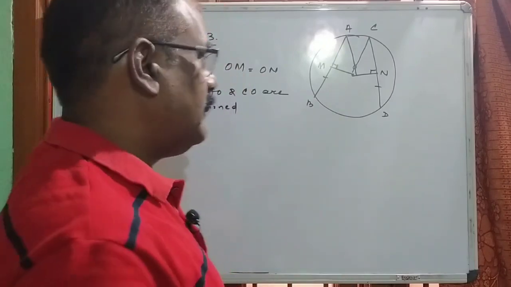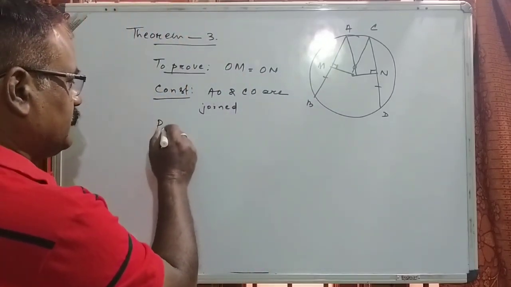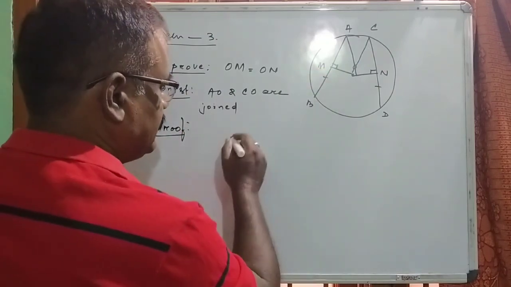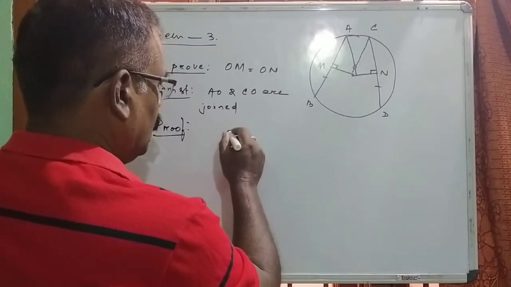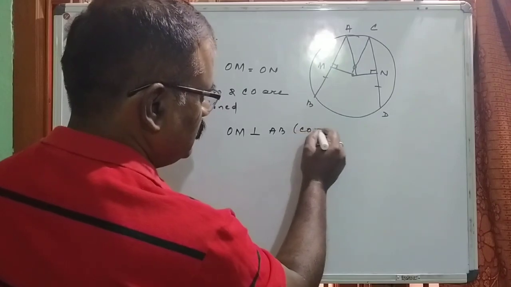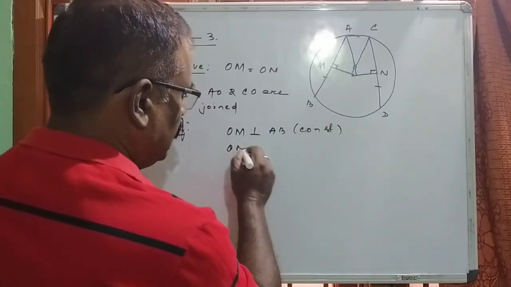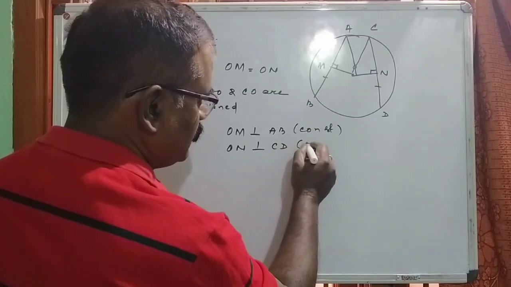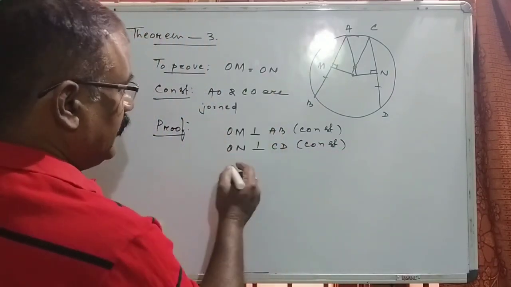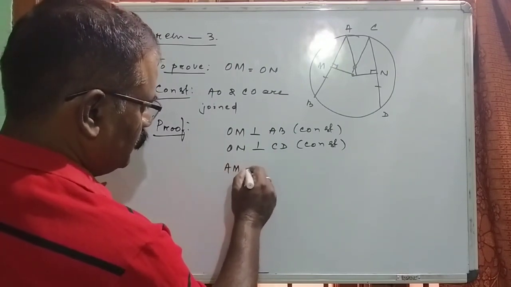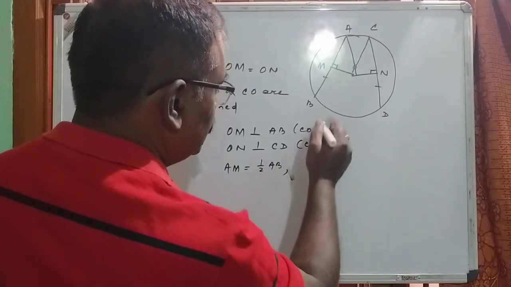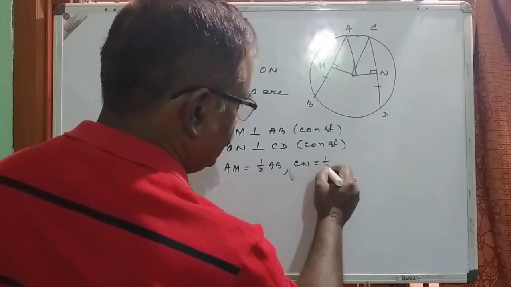Now how can we write that? Try to write it this way: it is given that AB equals CD, and OM is perpendicular to AB by construction and ON is perpendicular to CD by construction. So what do we get? Therefore AM is equal to half of AB and CN is equal to half of CD. Why?